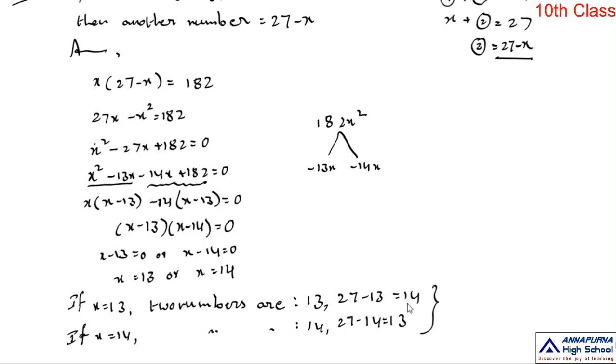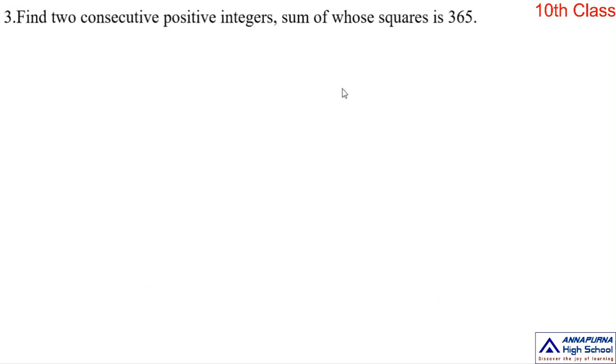So let's come to the next question. The third one is: find two consecutive positive integers, sum of whose squares is 365.